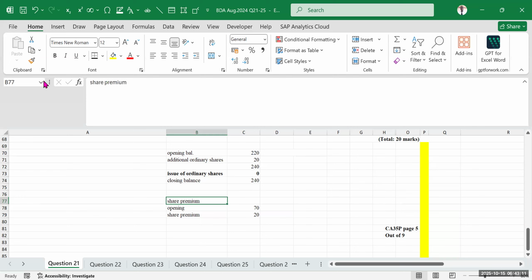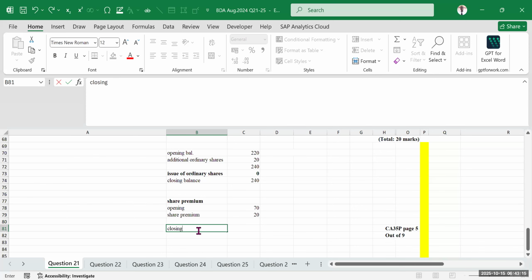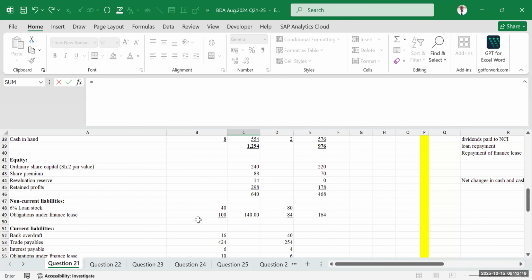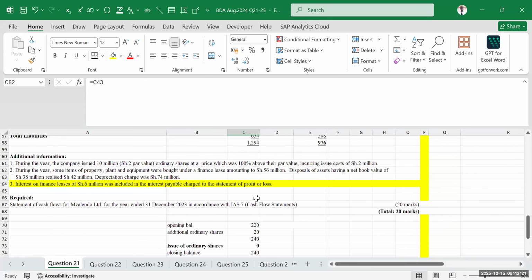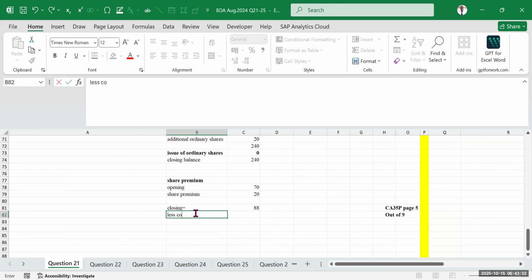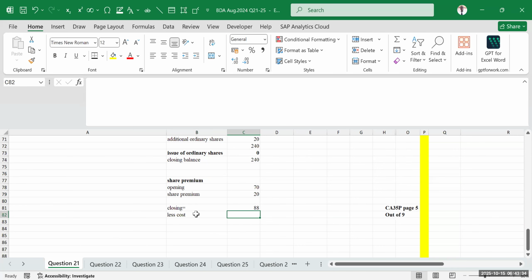And then we compare with the closing, that is 88. So what is the difference between 20 and 88? We less the cost of 2 million.